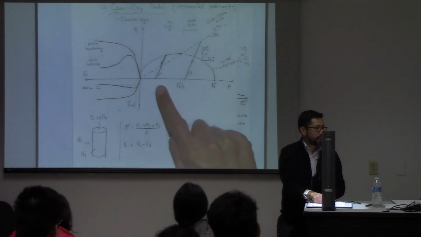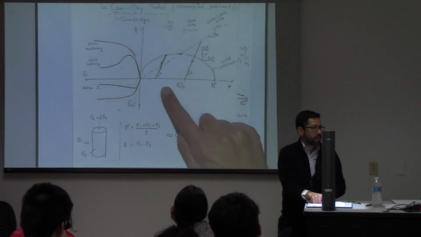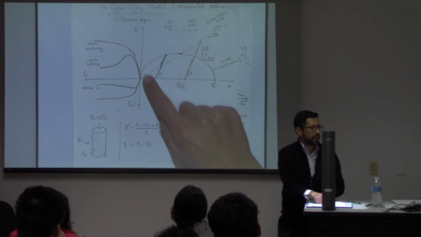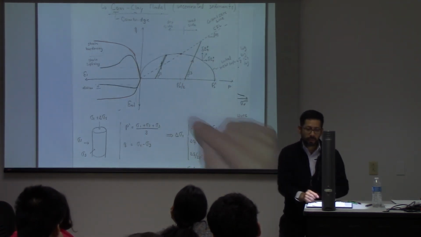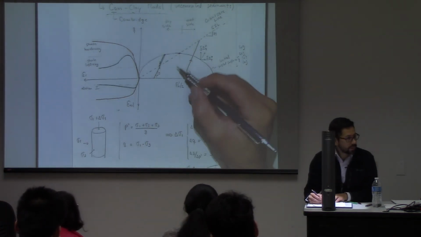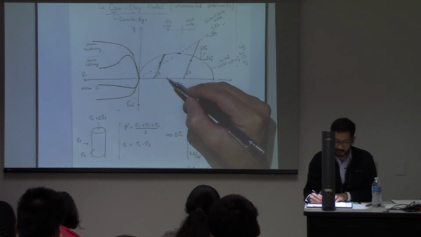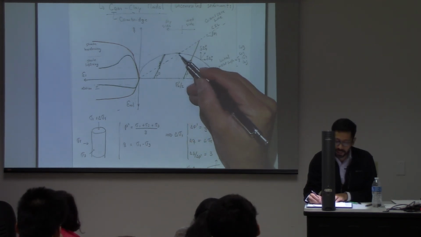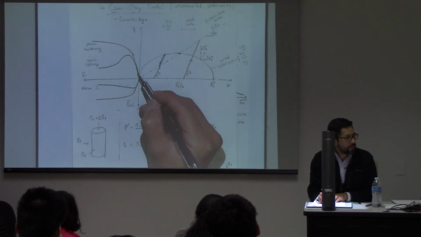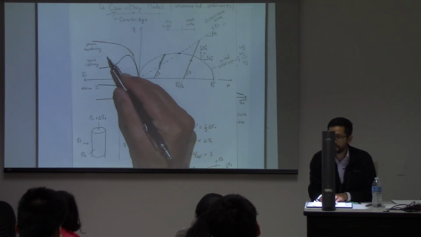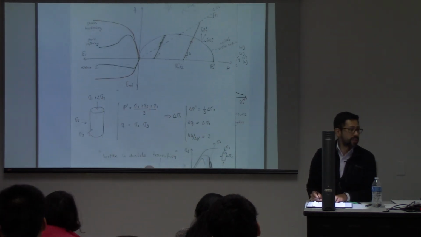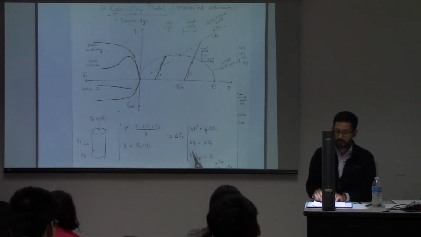The higher the mean stress, the more ductile the material behaves, right? Imagine if we were to run a test that starts right here and goes exactly to that point, it will go like this and then be perfect plastic. So we see something similar to what we see over here.